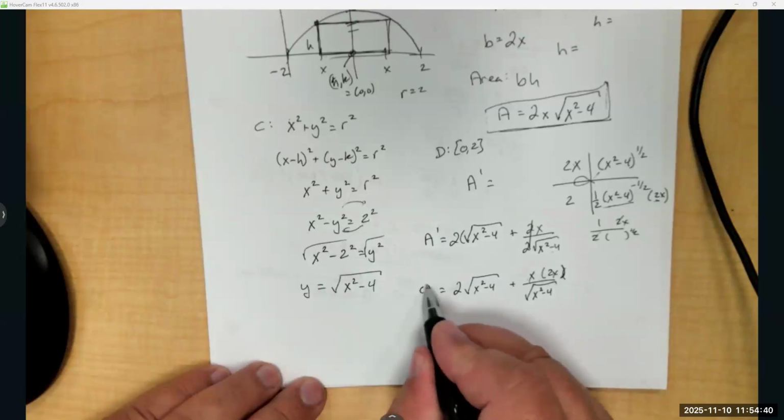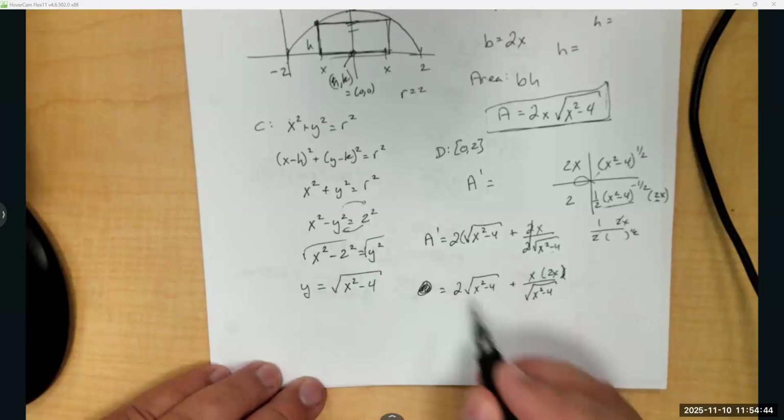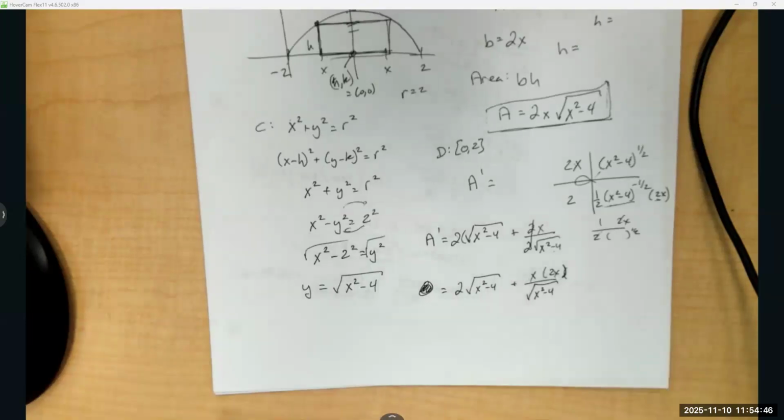So we set this equal to 0. Actually, before that, well, we set it equal to 0. Get rid of the fractions. How do we get rid of the fractions?